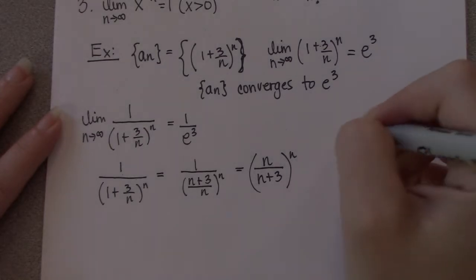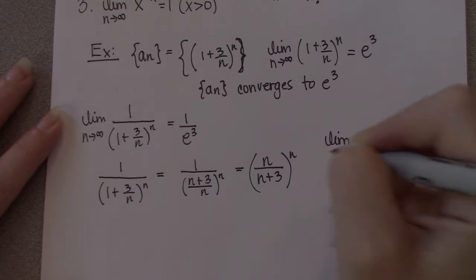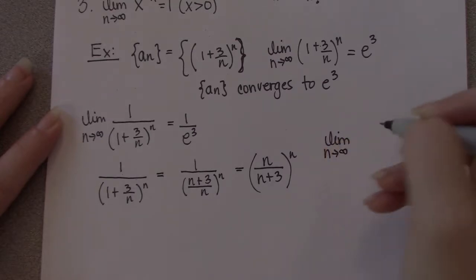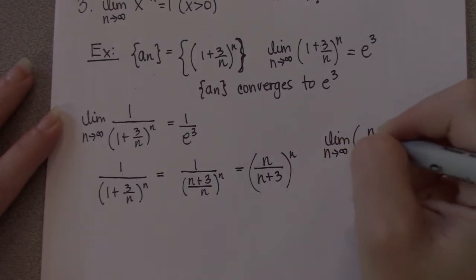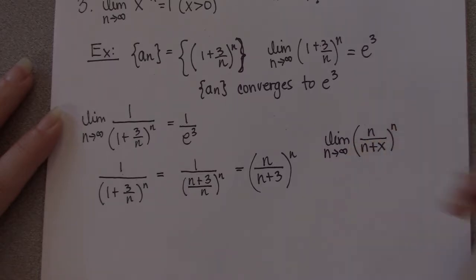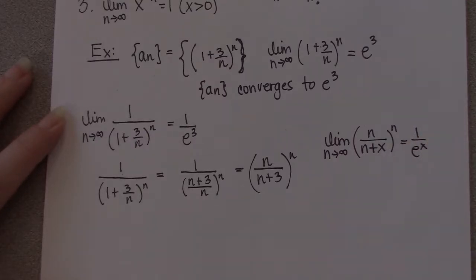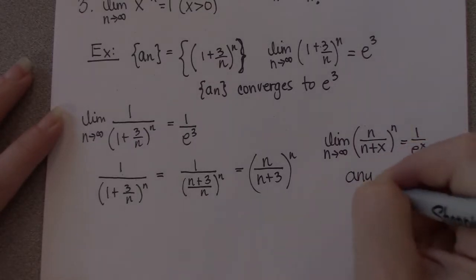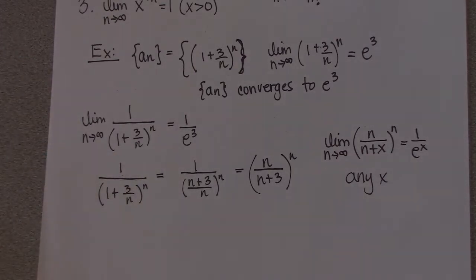So if you see the limit as n goes to infinity of (n/(n + x))^n, that is equivalent to 1 over e to the x, and that's still true for any x. You see the difference? A lot of people see that in a problem and they don't actually recognize that it's a form of e.